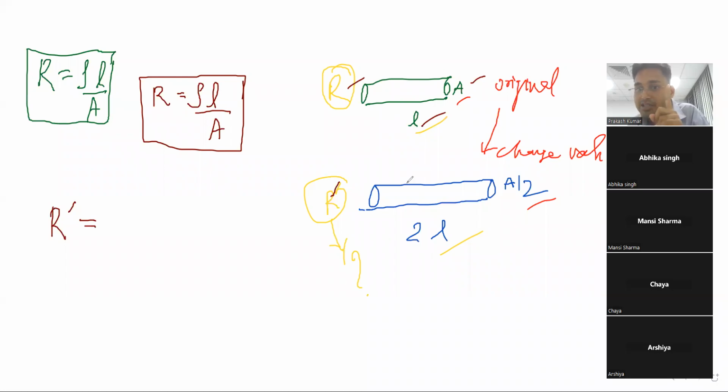They are of the same material, means nature is the same, so rho will be the same. For this wire also, resistivity is the same. Now, what is the new length? 2L. In place of L, here it is L, here it is 2L. If it is a subjective exam, you have to solve it this way, right? Divided by, what is the new area?